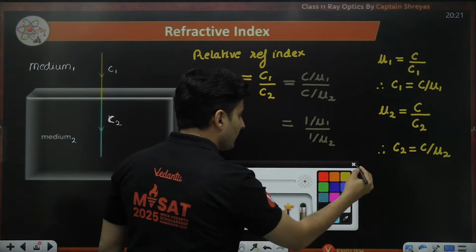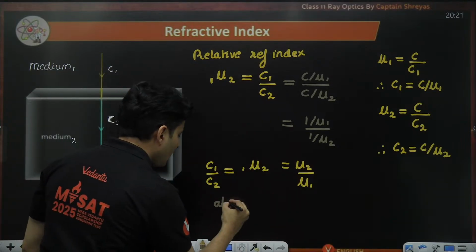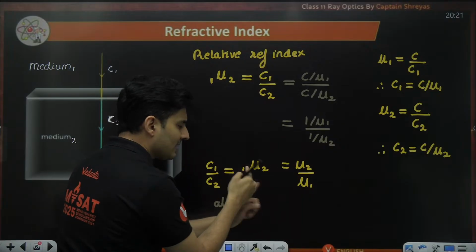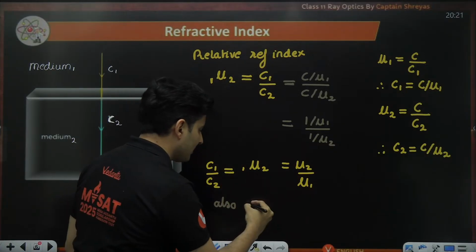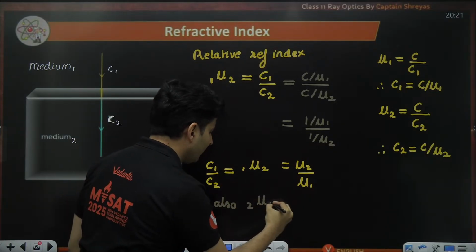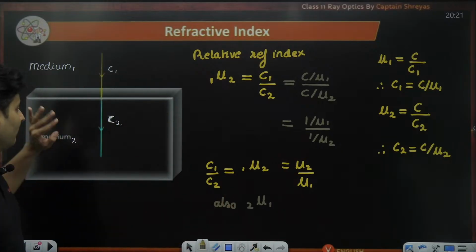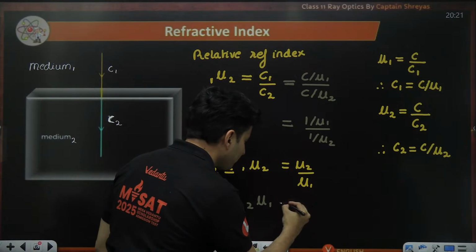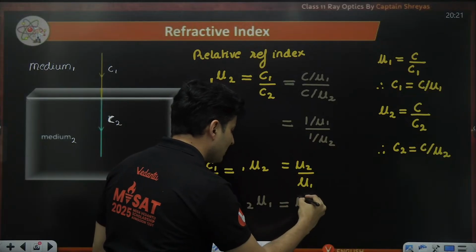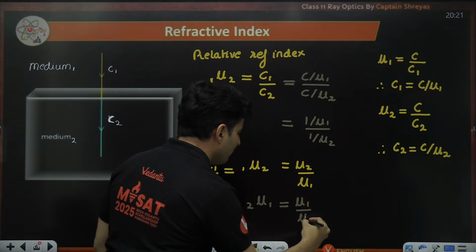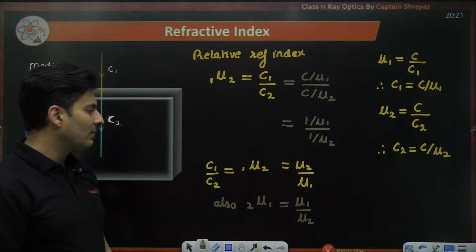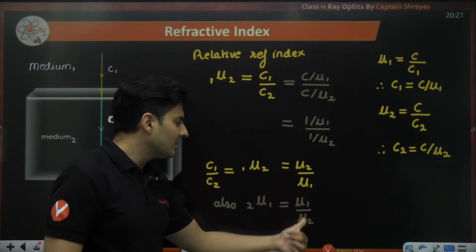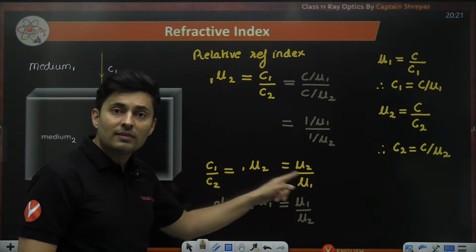Also notice that had I exchanged the numbers and put it as 2 mu 1, it would mean light is going from the second medium into the first medium. Then this would have been just mu1 by mu2. This clearly tells me this is just a reciprocal of the first ratio.